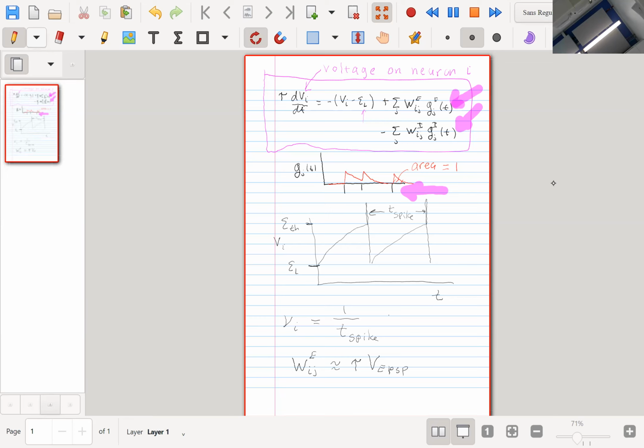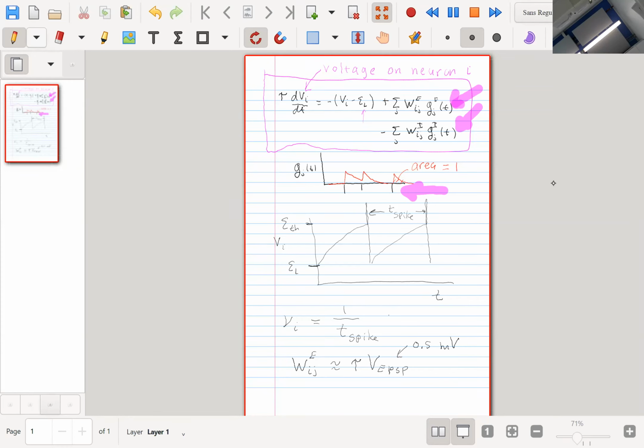Obviously there's going to be a lot of variation from one neuron to the next, but this is sort of the average value. Different weights are going to have different EPSPs, and this was on the order of 0.5 millivolts on average. So PSPs have a big range.